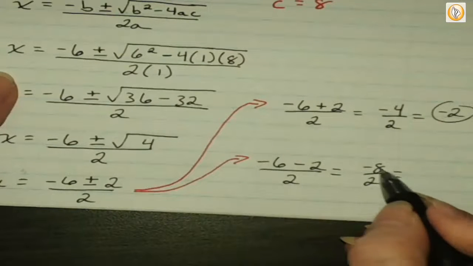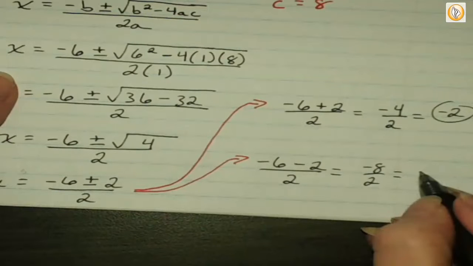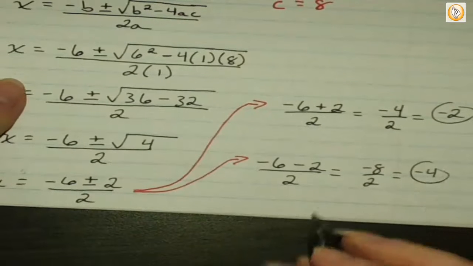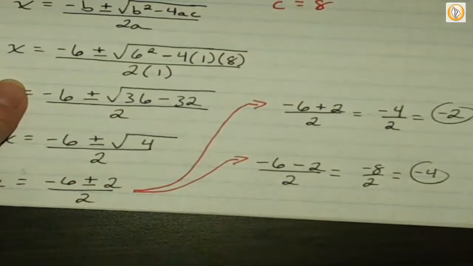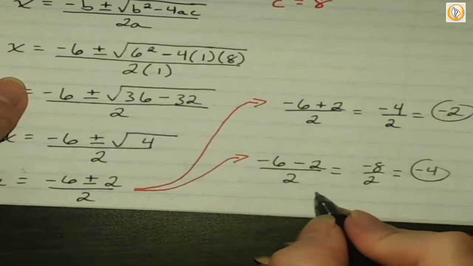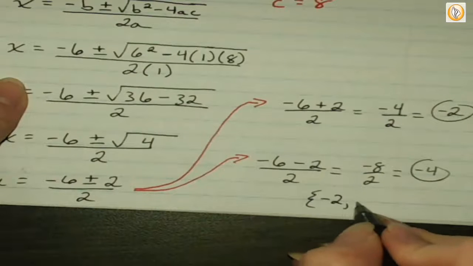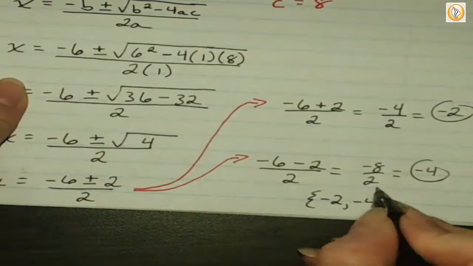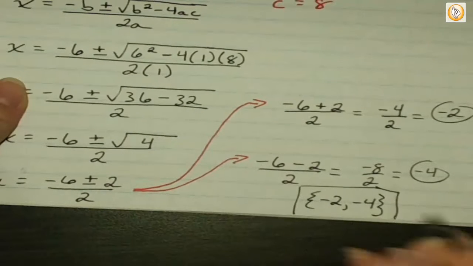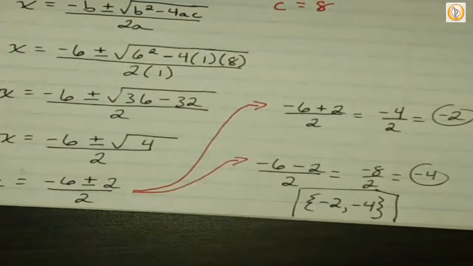And Michaela, what is negative 8 divided by 2? Negative 4. So then my answer, let's see, are they expecting it? Yeah, because they said in the direction solution set. So the solution set is negative 2, comma, negative 4. And there you go.